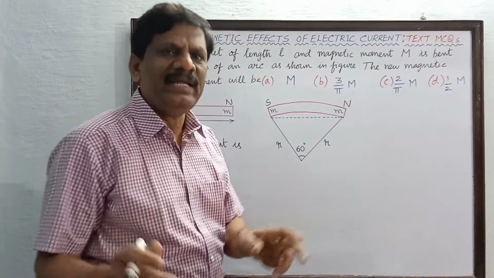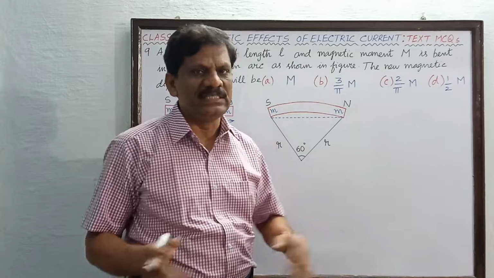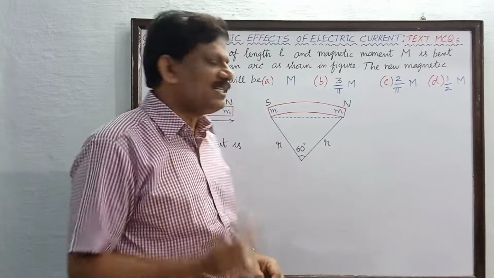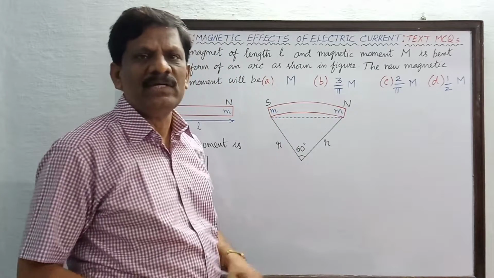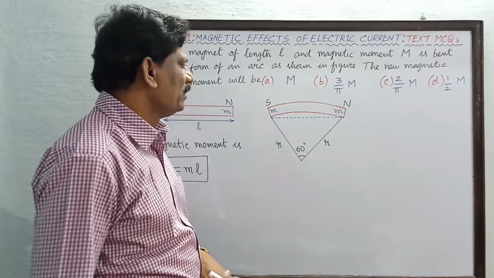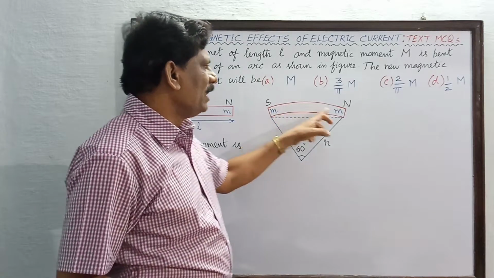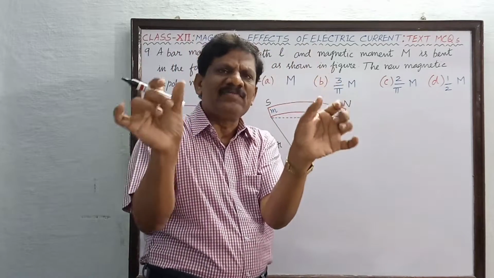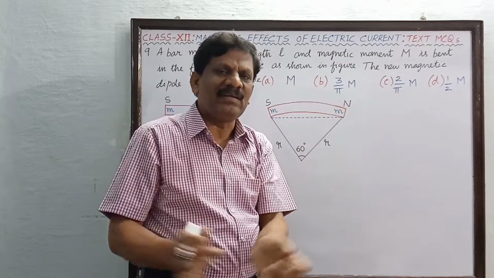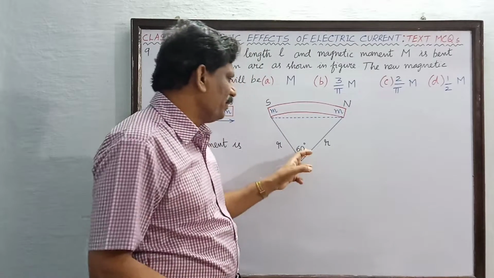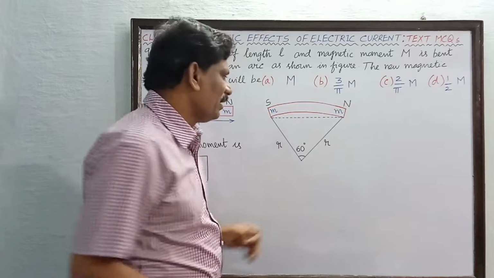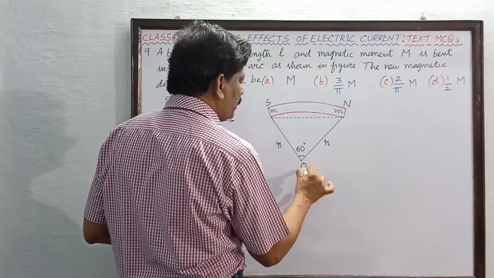Even after bending, the pole strength is not going to change, only the distance between the two poles is going to change. After bending, the bar magnet forms a curved shape which is a part of a circle, but here it makes only 60 degrees at the center O.